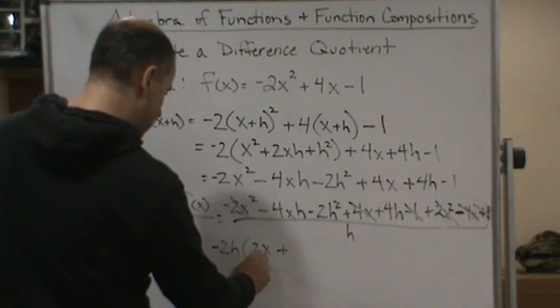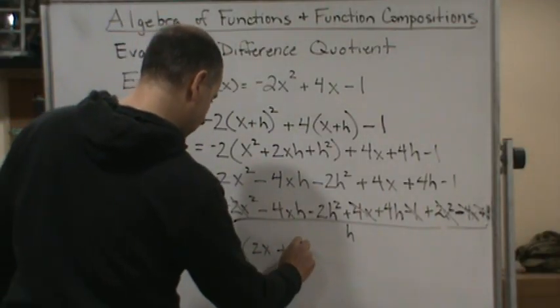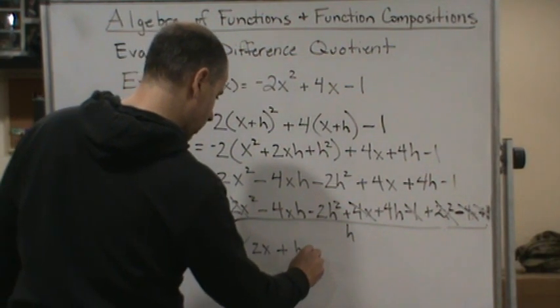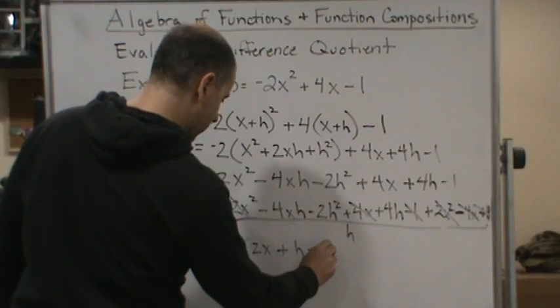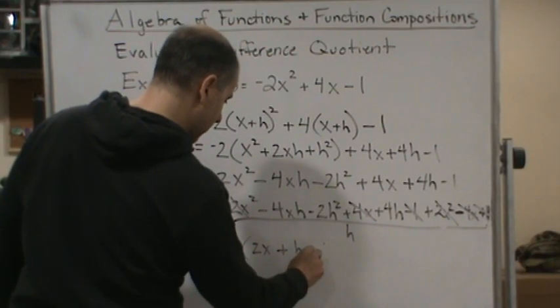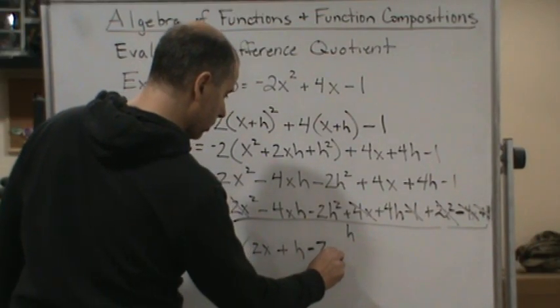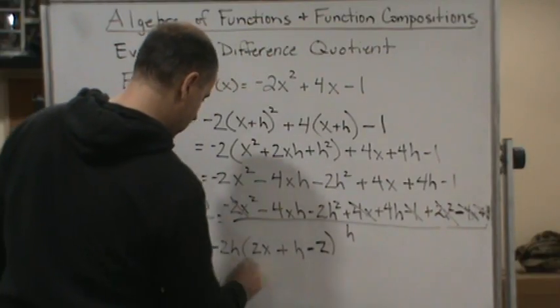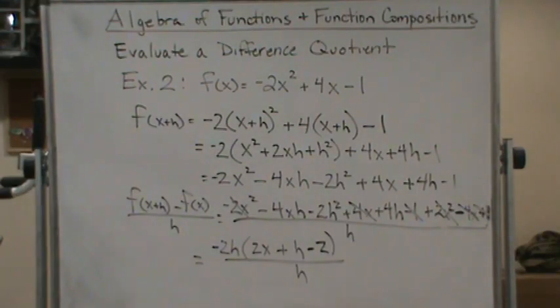I got 2x plus h minus 2, all over h. And so the h's will cancel. Just want to make sure I'm writing this down correctly.